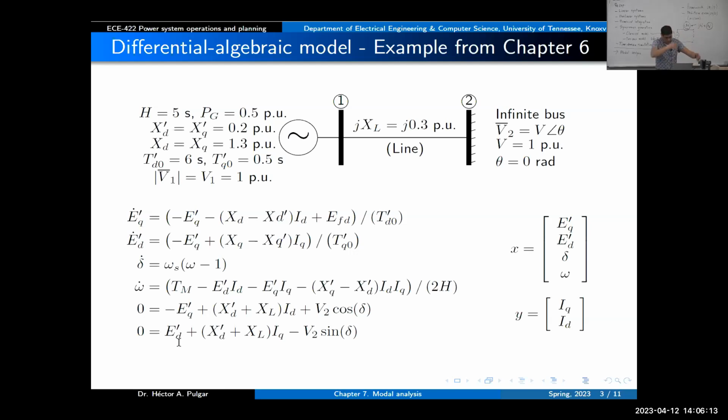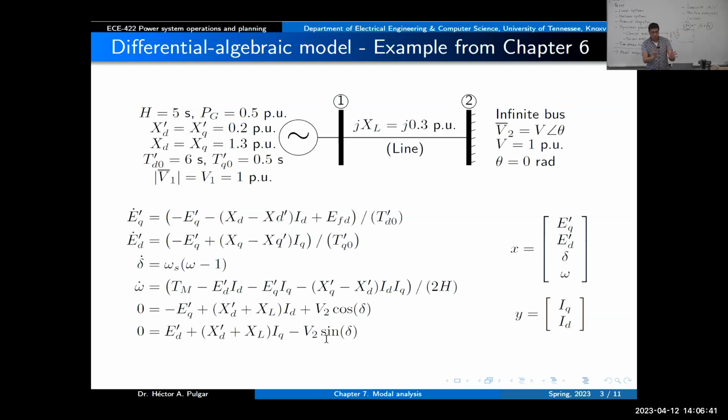As Ryan mentioned at some point in our discussion, we didn't need the explicit determination of the voltage at the terminal. Why? Because the system was so simple and we could express the internal voltage of the machine directly with respect to the infinite bus that was fixed. So in this case, the algebraic representation is very simple, this one.